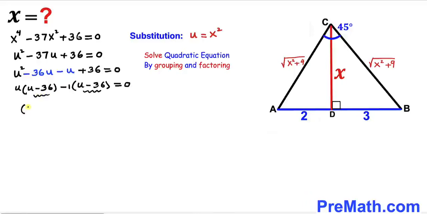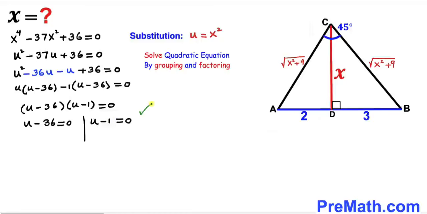So I can write down u minus 36 times u minus 1 equal to 0. And now we are going to separate these two factors, as you can see in this next step. So therefore for this first equation, u value turns out to be 36. For second equation, u value equals to 1.